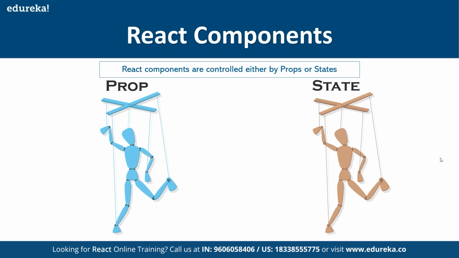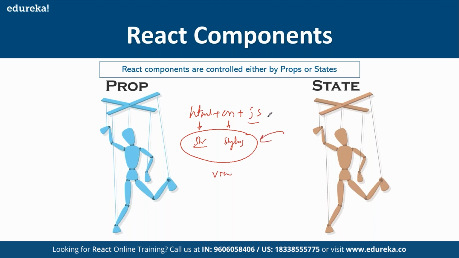If you're talking about a web page, you have HTML plus CSS plus JavaScript. HTML, as I said, is the structure. CSS is styling. So whatever is going to be displayed is the view here. But what needs to be displayed on the view is based upon the JavaScript. In this, you have two major things.